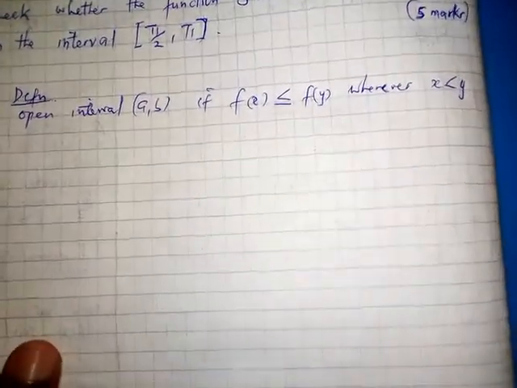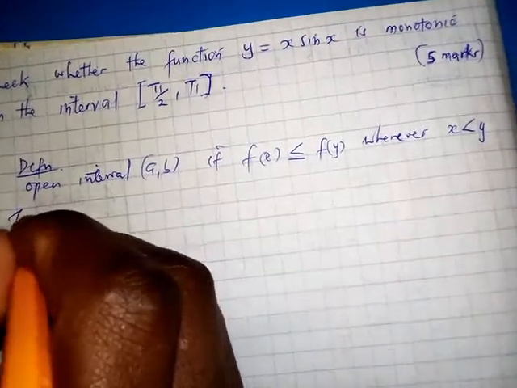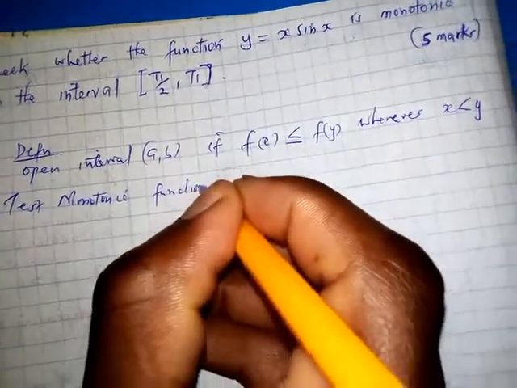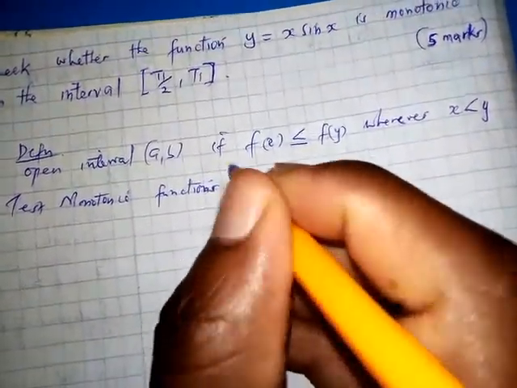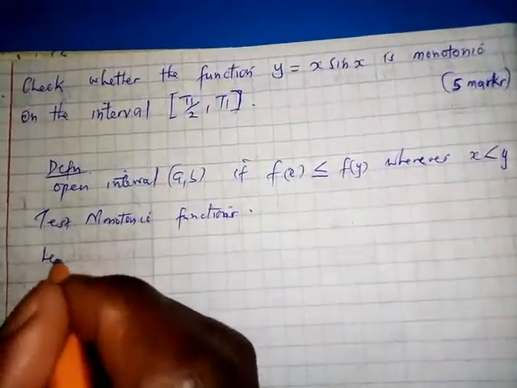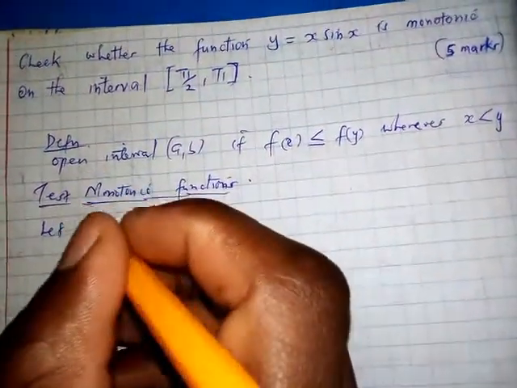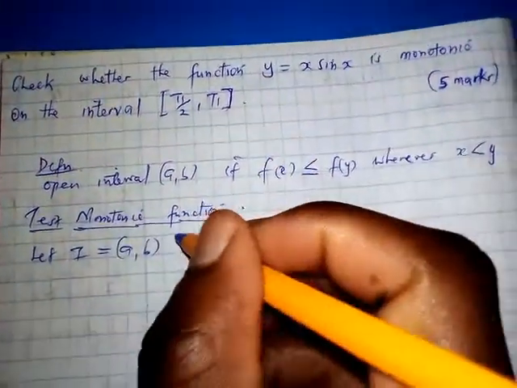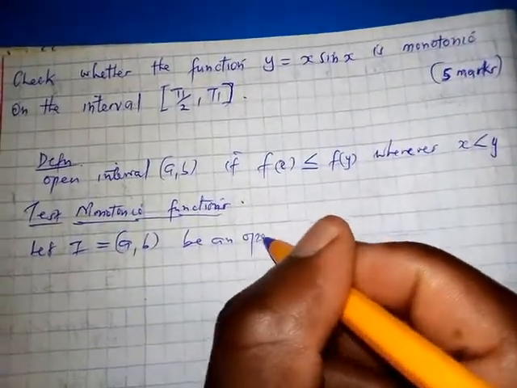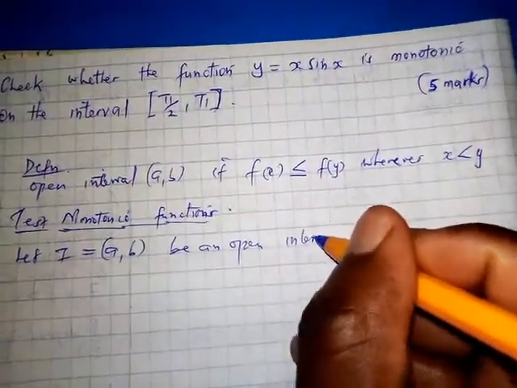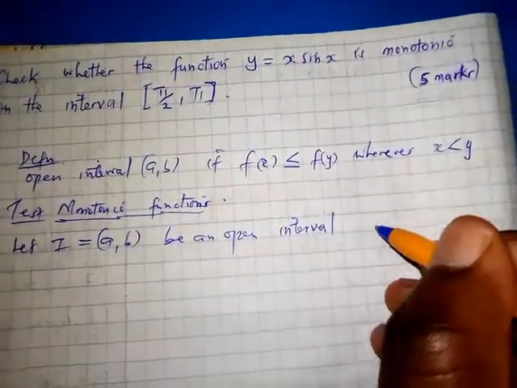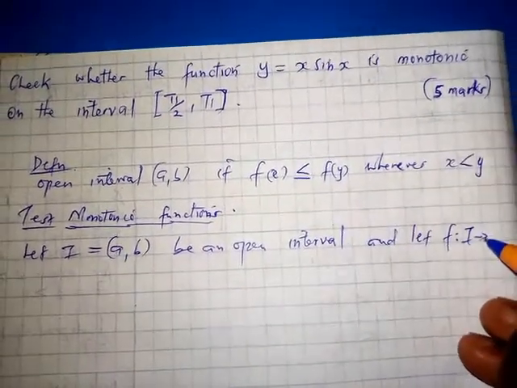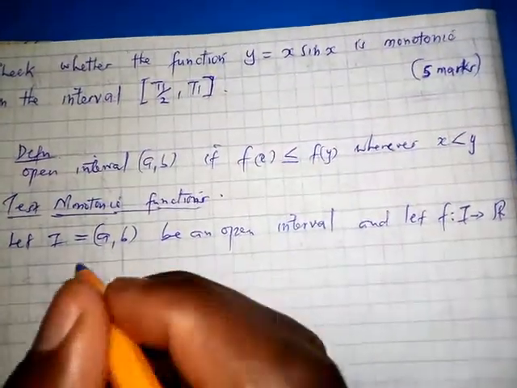Test for monotonic functions. We let I equals (a, b) be an open interval, and let f from I to the real numbers R be differentiable.